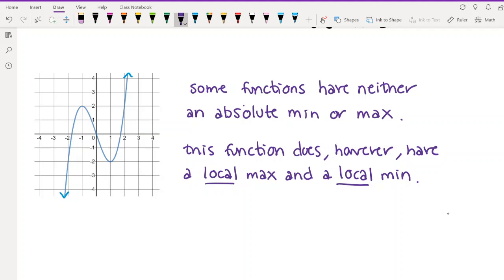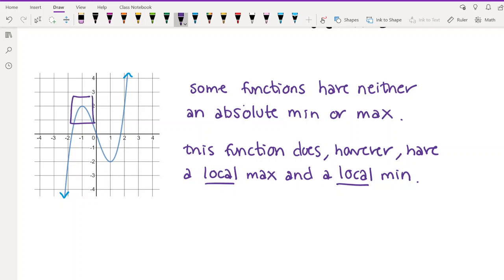So why are we calling this idea of this sort of peak and valley local? Well, if you think about what local means, if someone says, support your local businesses, that means the business is close by. And so basically what you can think of local max and min as meaning is, let's say that you're kind of restricting your graph to this little piece of it.